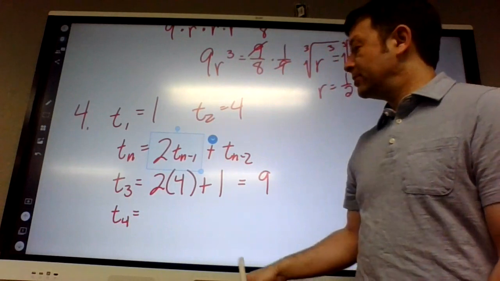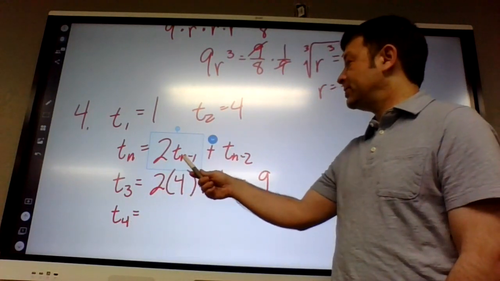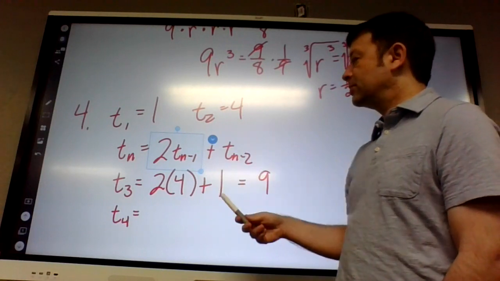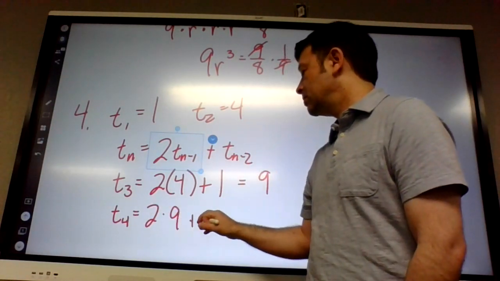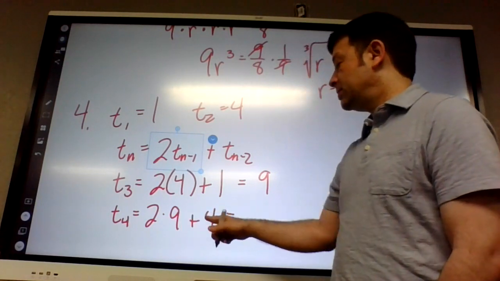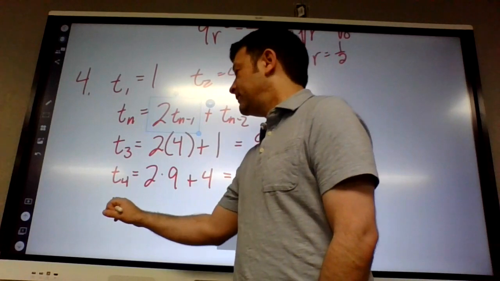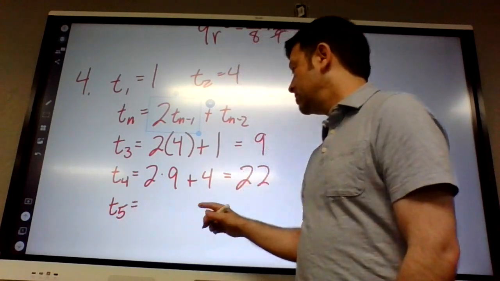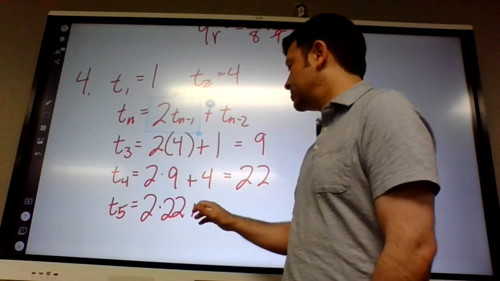T sub 4 would be 2 times 9 plus 4. T sub 5, 2 times 22 plus 9.